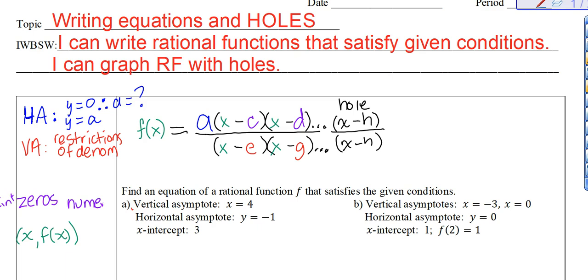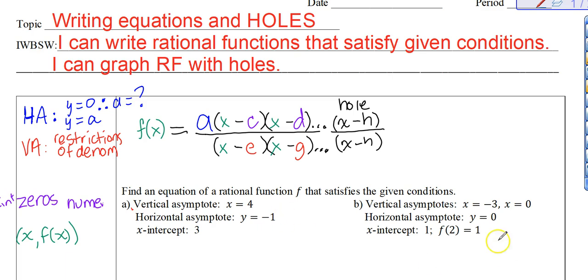Well, this time I'm going to start with the horizontal asymptote, the vertical asymptote, the zeros, maybe a point. And we're going to put all that information into factored form, and then we will simplify factored form and put it back into general form. So we're going to work backwards.